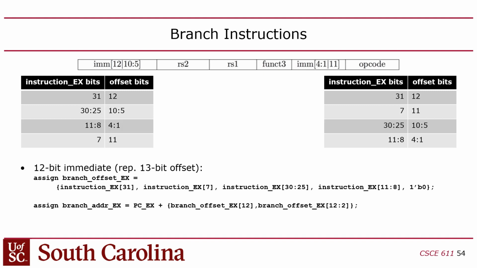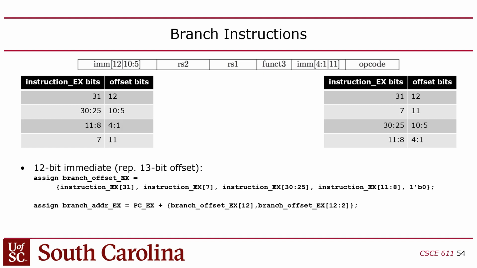So here's what's going on, right? In the B type, there is an immediate field. It's actually two immediate fields that you have to put together to form the actual immediate value. But the bits are scrambled because in that immediate field, you have bit 12 concatenated with bits 10 down to 5. Right? So that's 7 bits in total. You got 12, which is a standalone bit, and then you've got 6 bits, 10 down to 5, together.